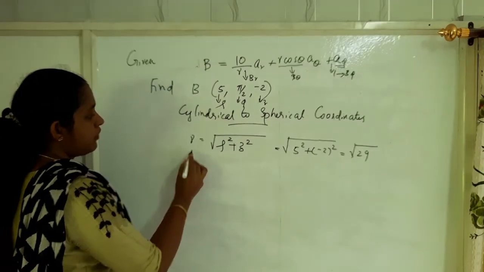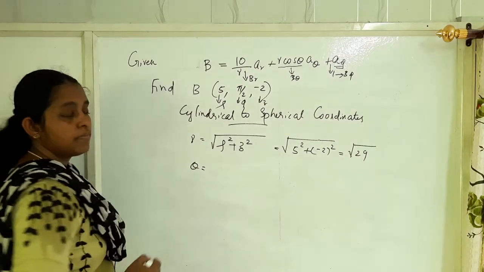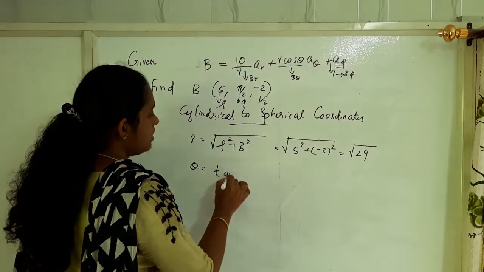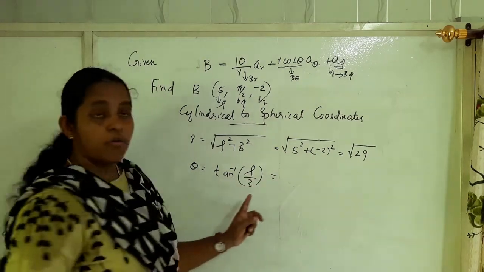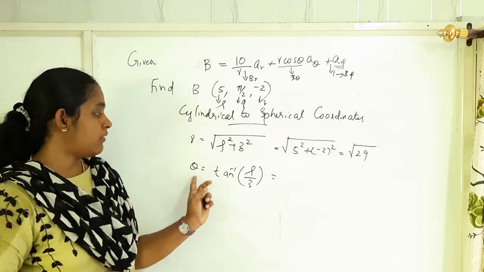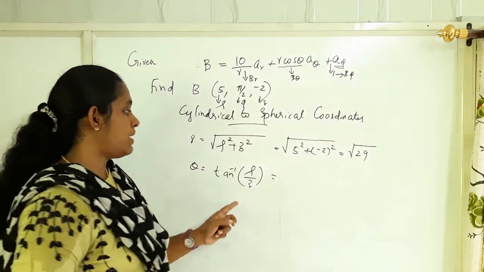Then what is the value of theta? Theta will be equal to tan inverse of rho by z. From the cylindrical coordinates we can find theta, that is tan inverse rho by z.